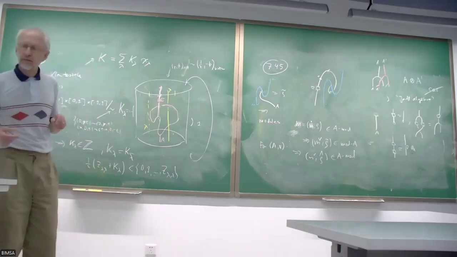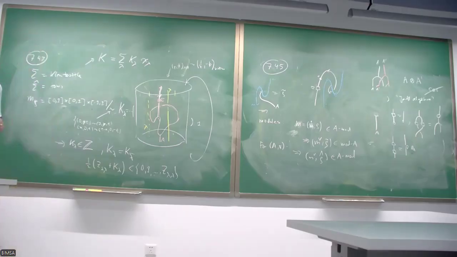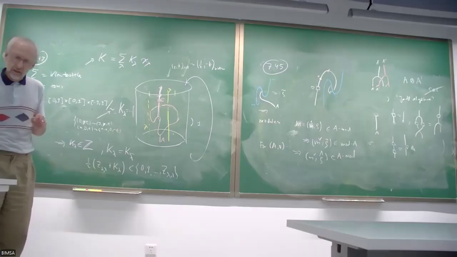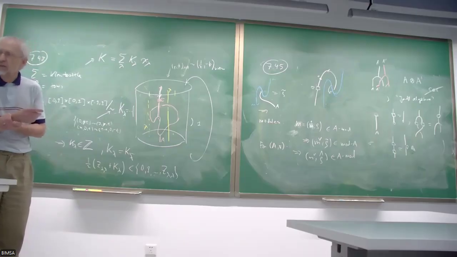And in order to have really a bijection, one now has the additional requirement, first of all, that A is simple, meaning it's simple as a bimodule over itself.